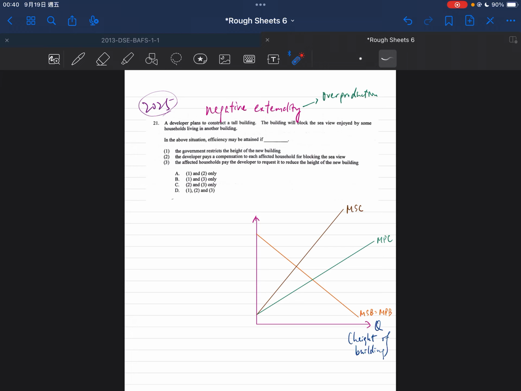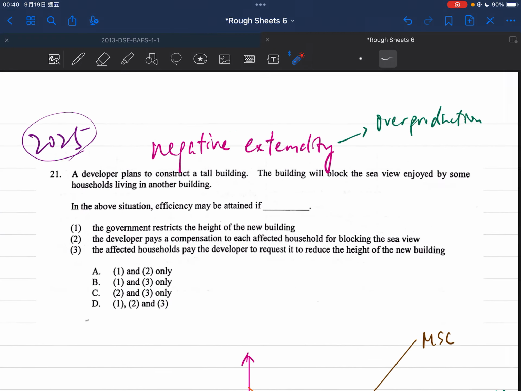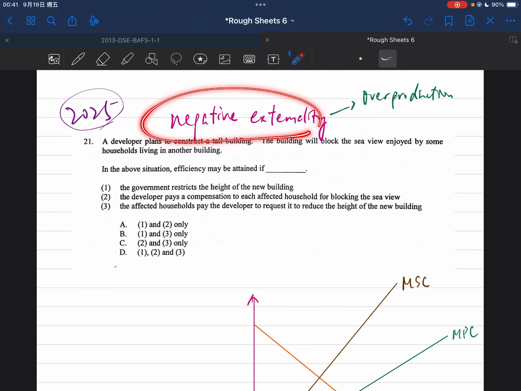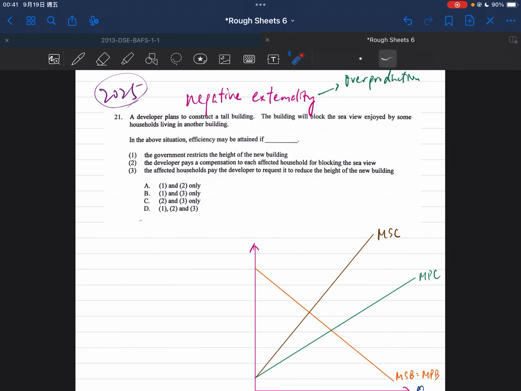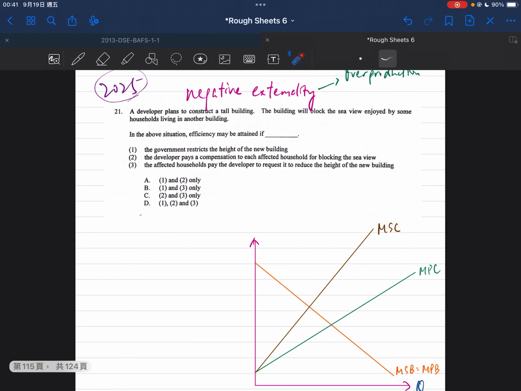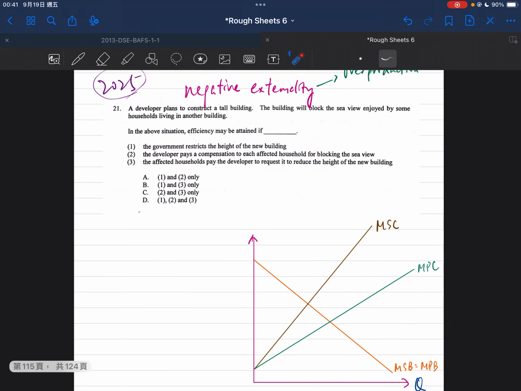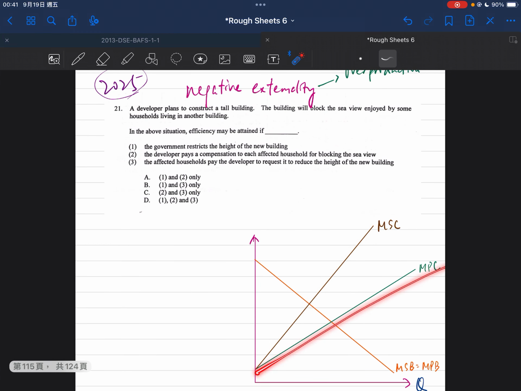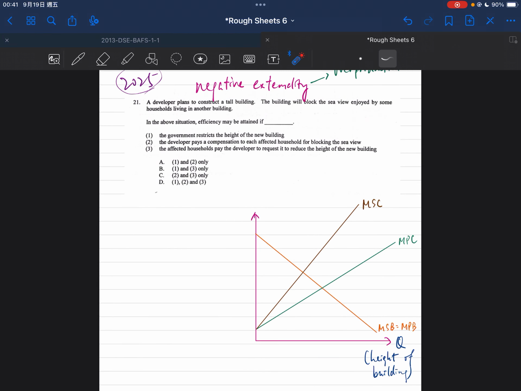We also know how to do this question without a diagram, because under negative externality we have external cost, which means the marginal social cost is not equal to the marginal private cost. As we are selfish, we only consider our private cost and private benefit.